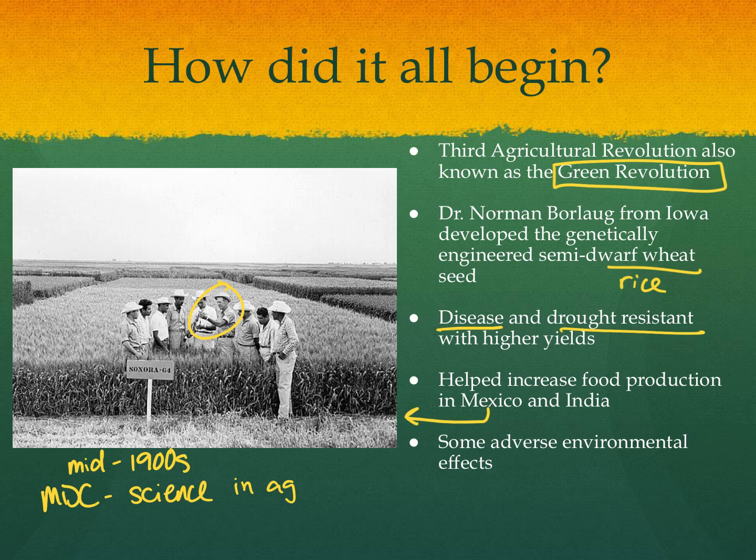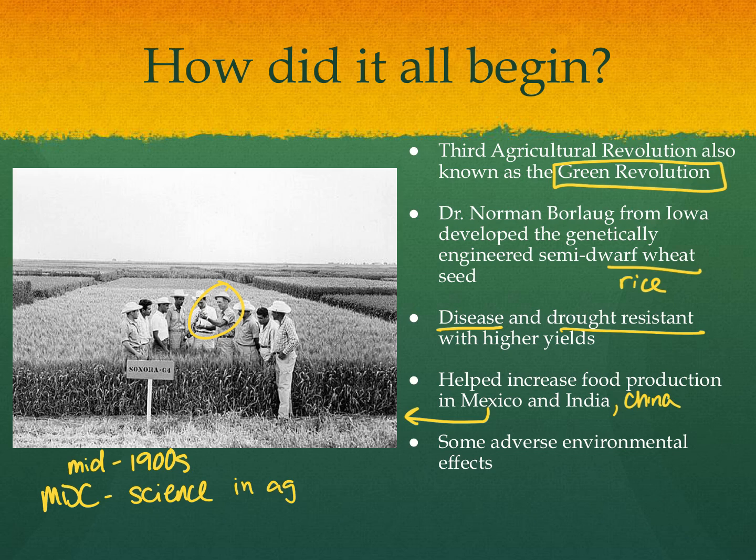So that is how Borlaug is able to figure out how to make this plant withstand drought and disease, okay? Because in the LDCs of the world, he starts in Mexico, he later goes on to India, and then eventually China as well. But in these poorer countries, those were the places that were at that point really taking off with their population.